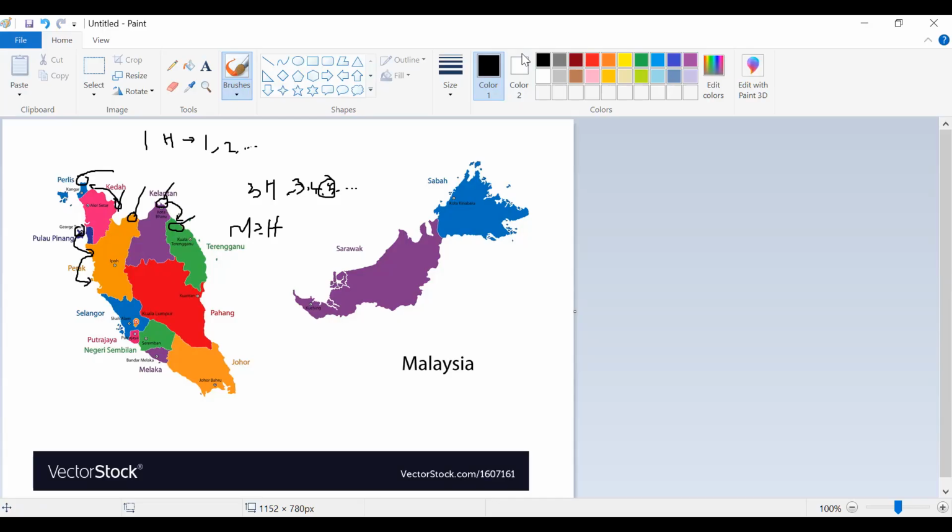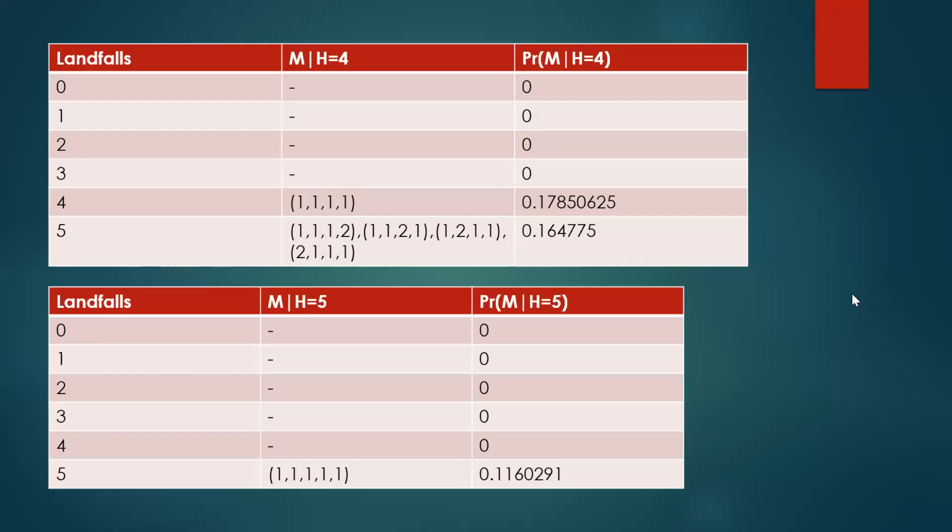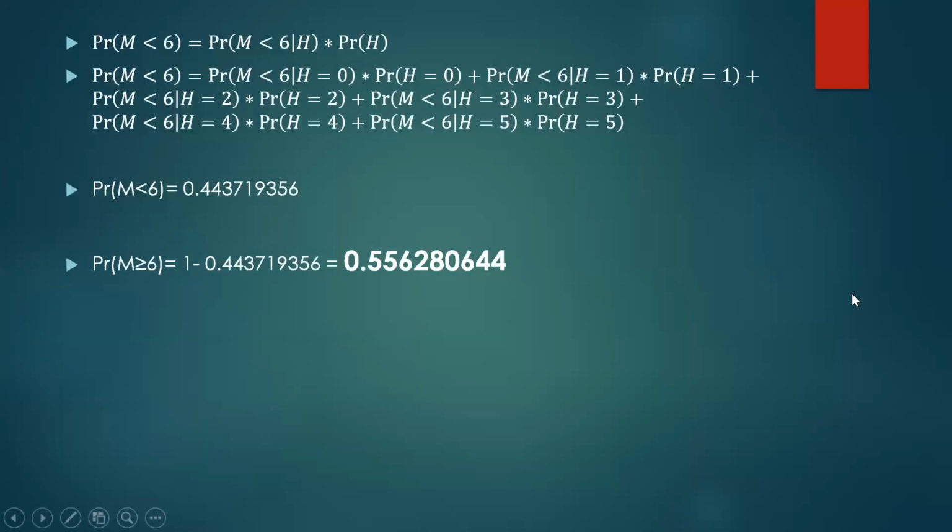So now, going back to our question, I will give the final solution. After the discussion and the calculation, we know that the probability of landfall less than 6 equals the probability of landfall less than 6 given hurricanes, times the probability of hurricanes.